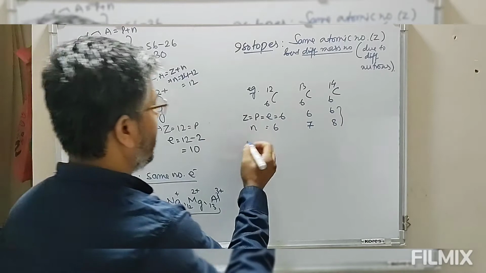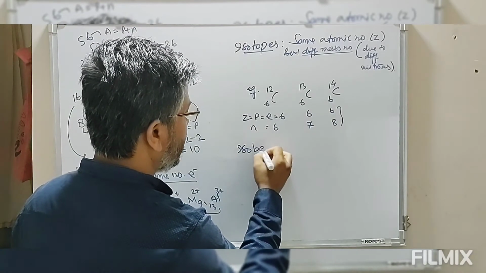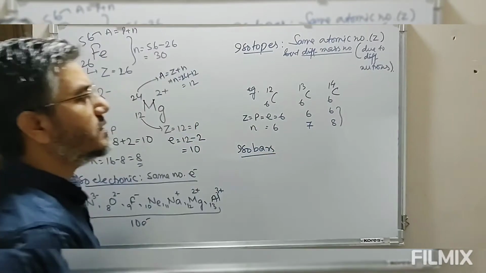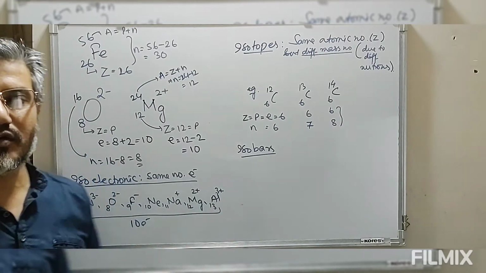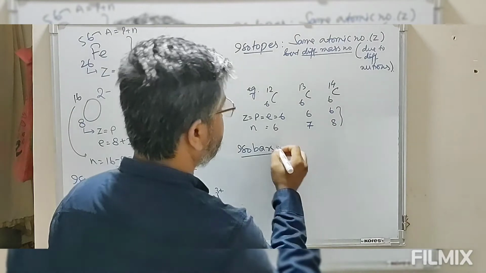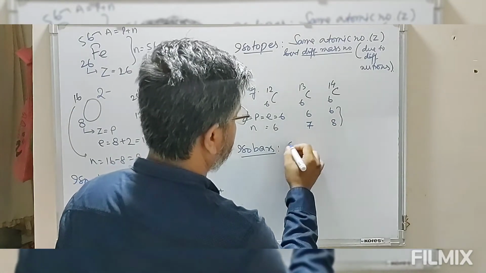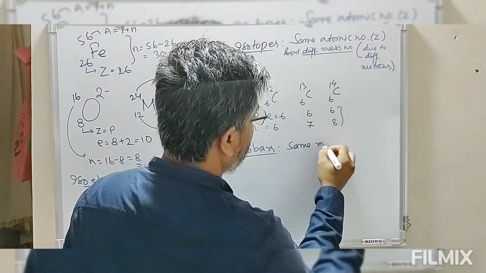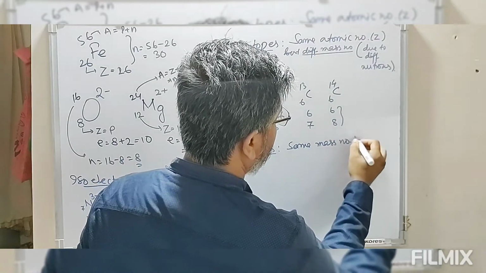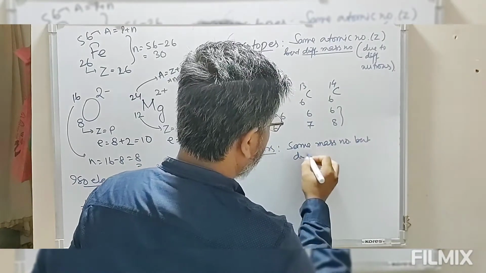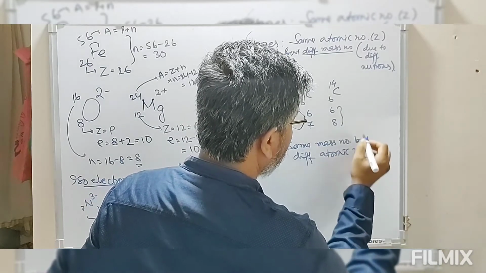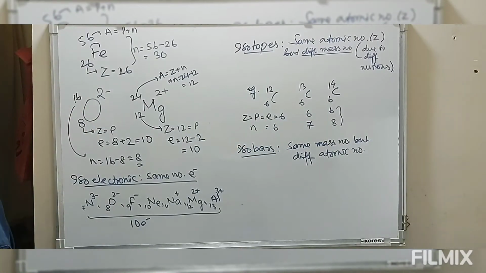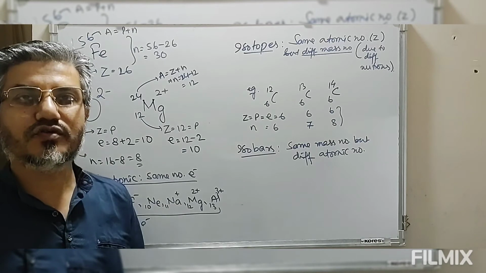Then we have isobars. These are those having the same mass number but different atomic numbers. Atomic numbers being different means the number of protons will be different.